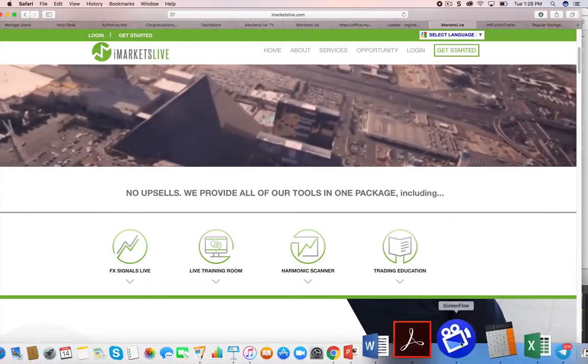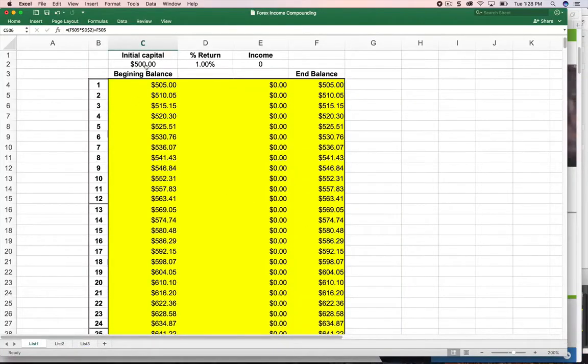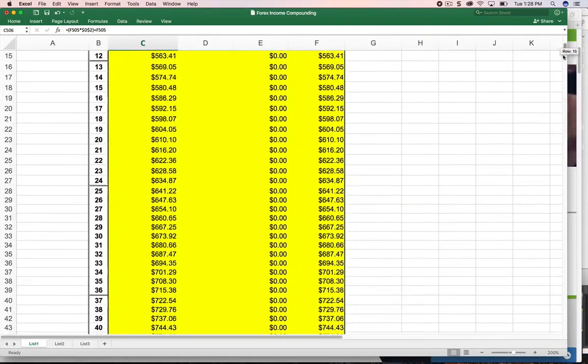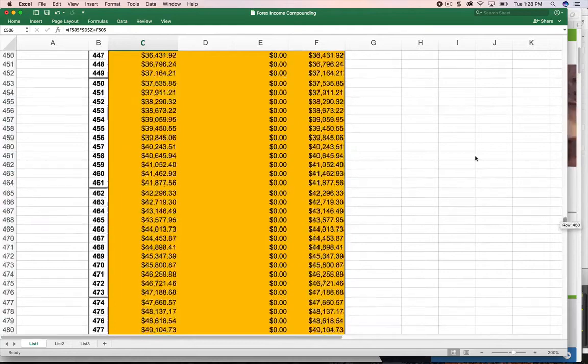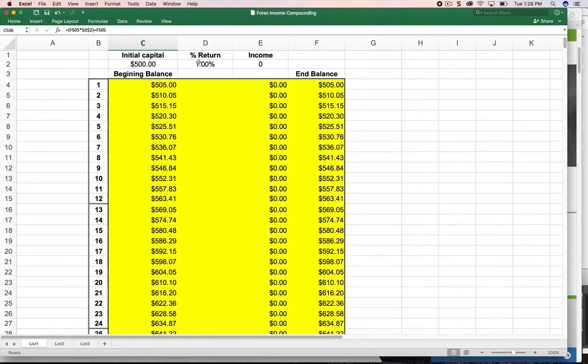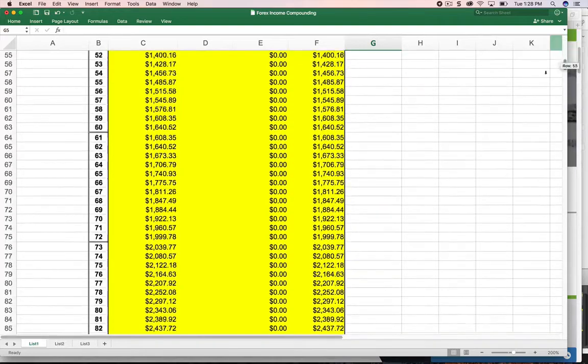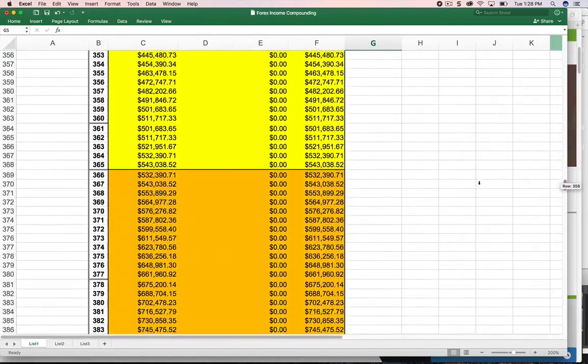Look at this. Where else can you take $500 and have the potential to earn 1% daily and turn it into $16,000 in a year? That's just on the low end. But we're teaching people 2% daily because it's not complicated to do that. So we're going for 2% daily. And if you look at 2% daily, the numbers get ridiculous at the end of the year.